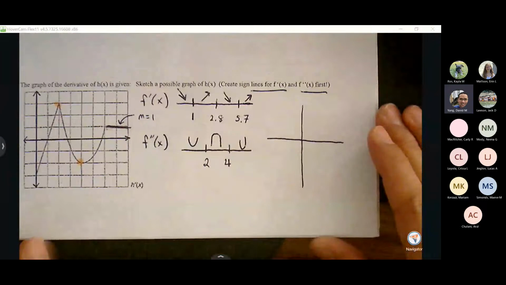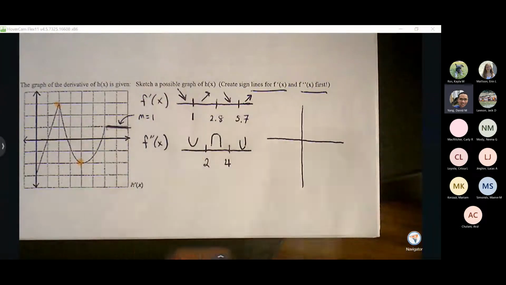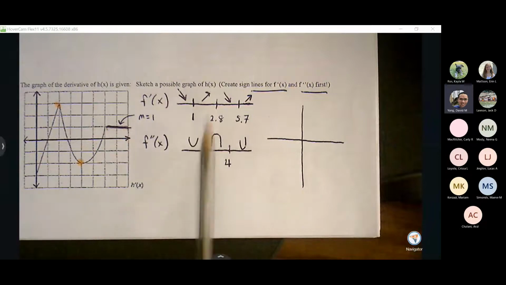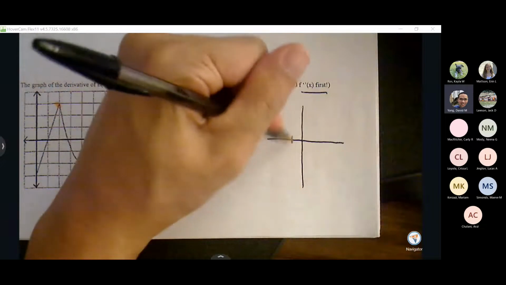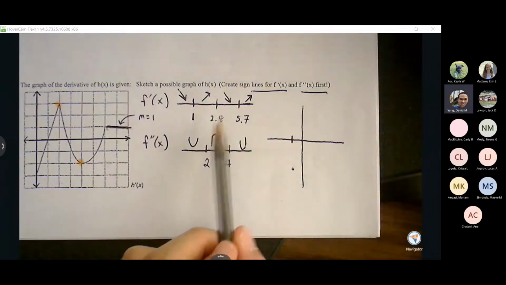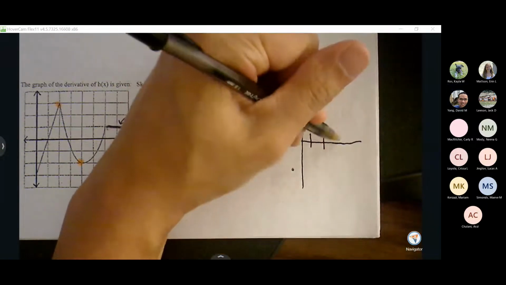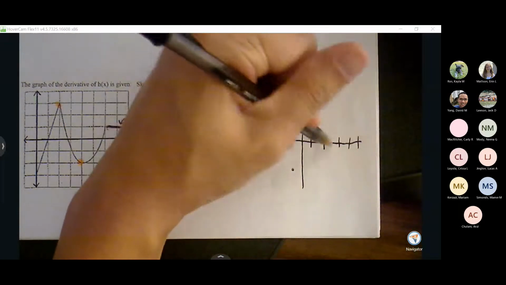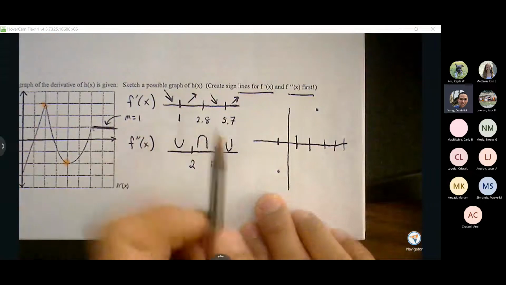We don't know the y values, but we can figure out the shape of the graph. Right now, we're going to create something that matches what we expect from the shape. Okay, so we know we want a relative minimum at 1. So I'm just going to create a low point for me to target. At 2.8, I'm going to be expecting a relative max. At 2.8, I will exaggerate it with a high y value.